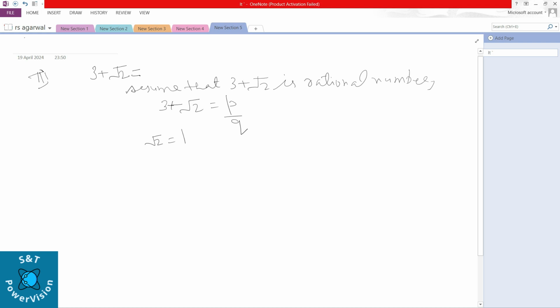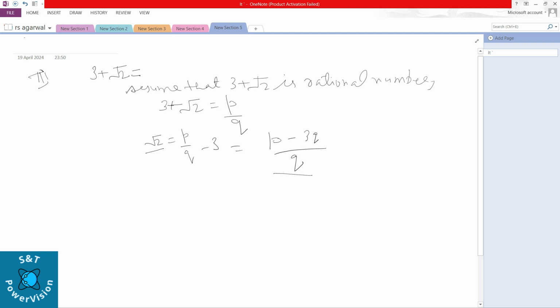Root 2 is equal to p by q minus 3. It is like (p minus 3q) by q, right? Since here root 2 is an irrational number, and since p and q both are integers, if we subtract 3 from p by q, it will also come out as a rational number.